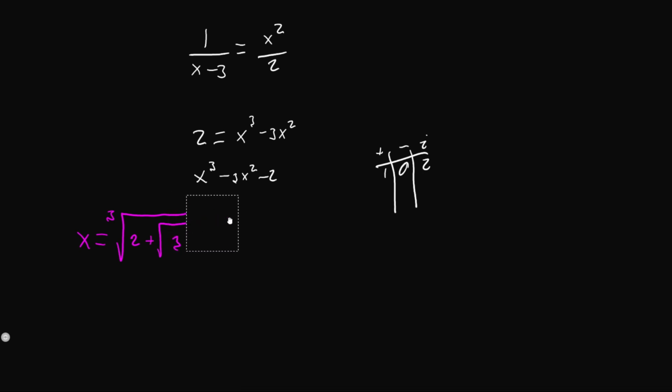And we're going to also have the negative, which is plus the cube root of 2 minus the square root of 3 plus 1, which is going to be our solution for our cubic. And we're also going to see what its value is.